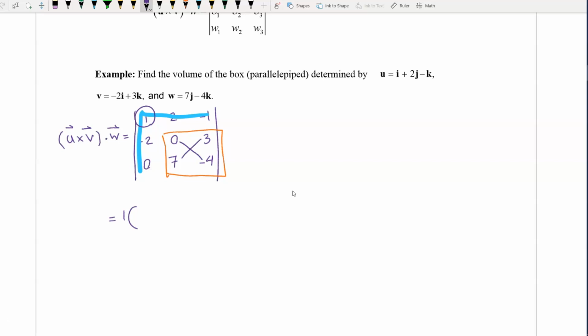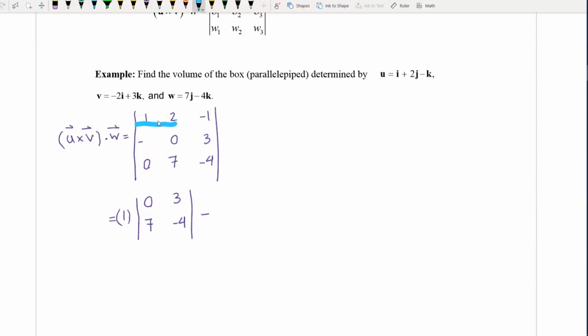So we can multiply that way, or I can write what I had on that part here first, and then multiply. So I'm going to write the matrix. So it is 1 times this matrix, it is 0, 3, 7, negative 4. Then we have minus.